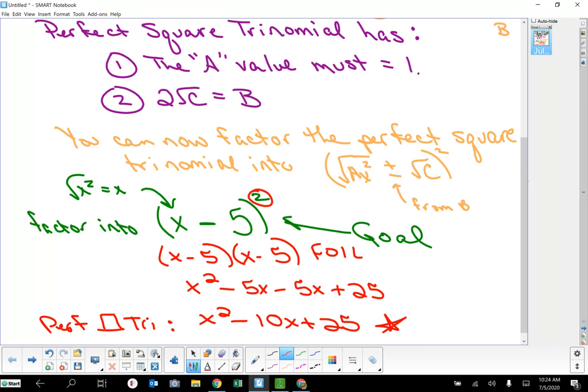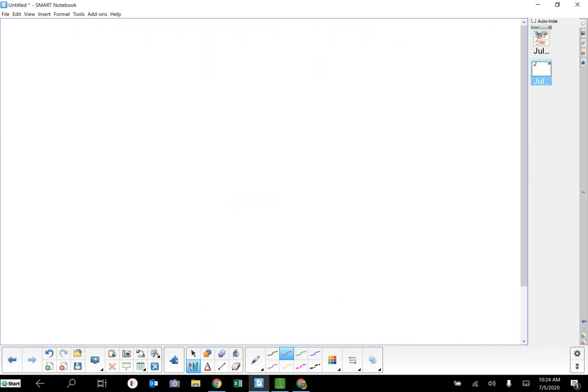Okay, so I want to try this with a couple others just so that you get comfortable with this and see where we're going to go with it. Let's see, if we have x squared plus 12x plus 36, is it a perfect square trinomial?